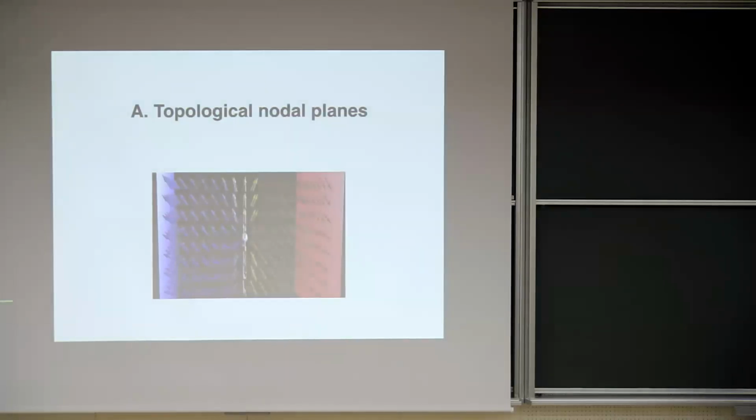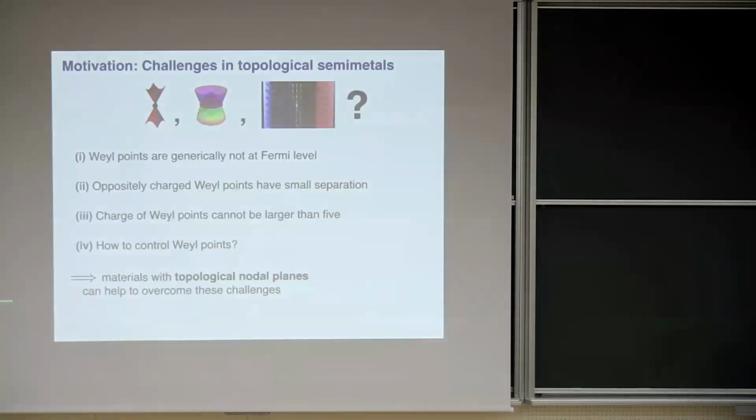Okay, so we'll start off with the first part, about materials with topological nodal planes. Here I have two motivations. Maybe some of you have heard about these topological semimetals already. For example, there are these Weyl semimetals where you have a point crossing. You have two bands crossing at a single point in the Brillouin zone that forms a Weyl point, which is protected by a Chern number.